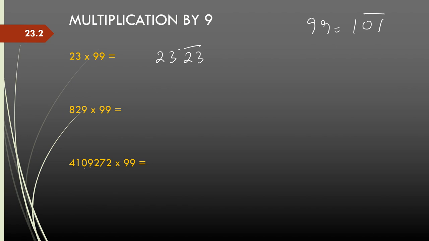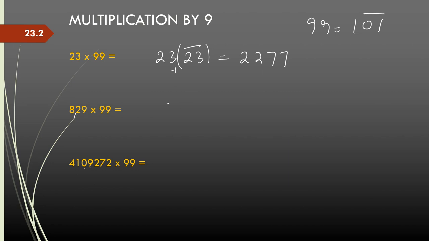So it's repeating the digits with a bar for 2 digits, and so this will be 2277. If I take the complement of 23, that's how I write the product of multiplication by 99 of a 2 digit number.